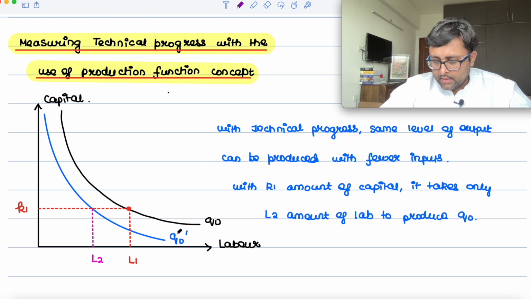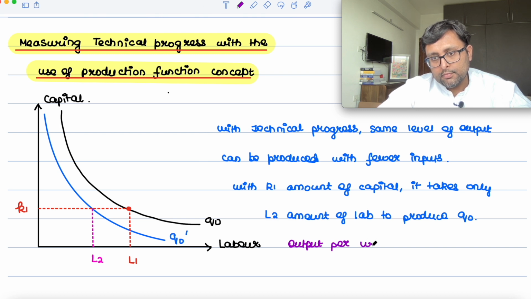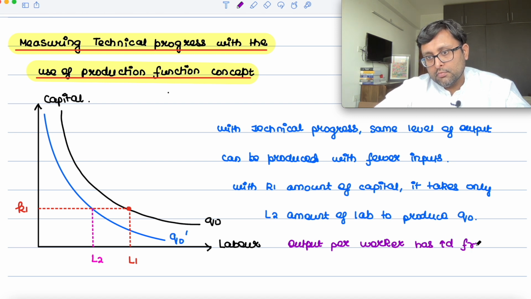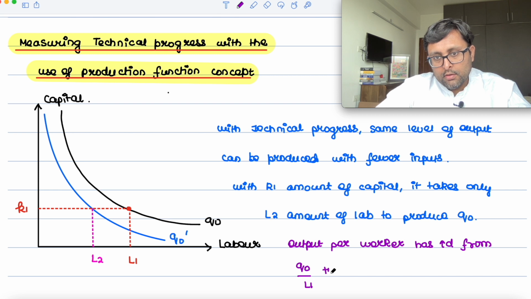Now, what has happened is that output per worker has increased from Q naught upon L1 to Q naught upon L2.